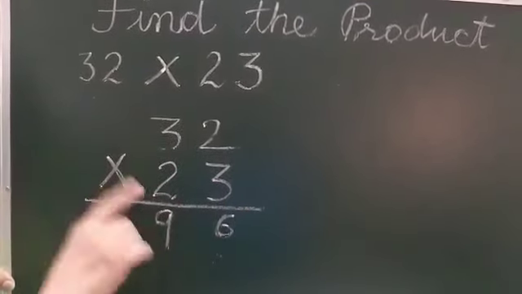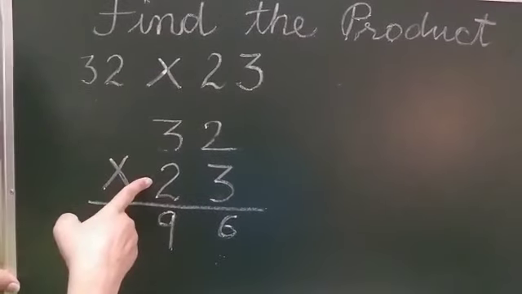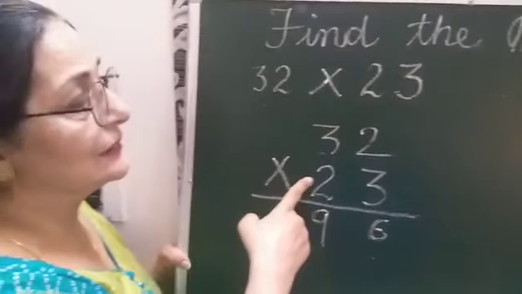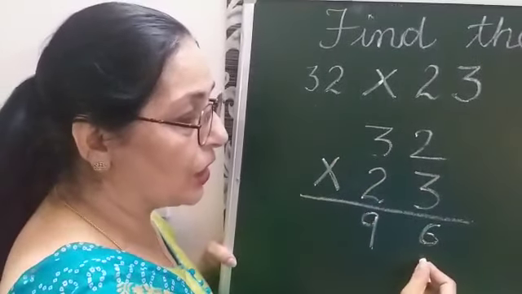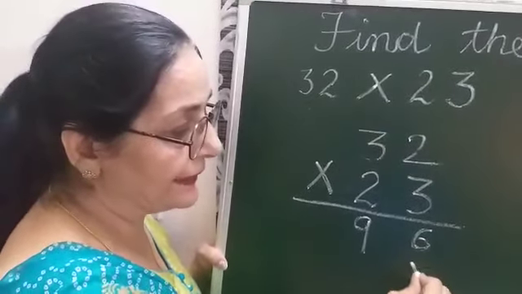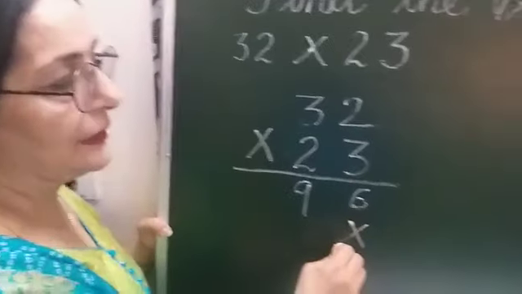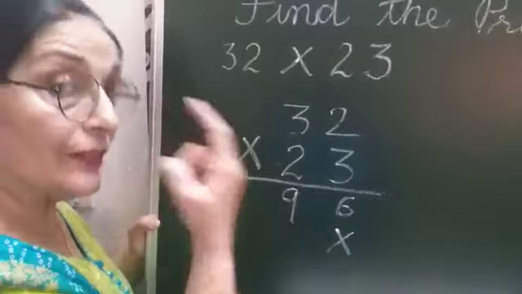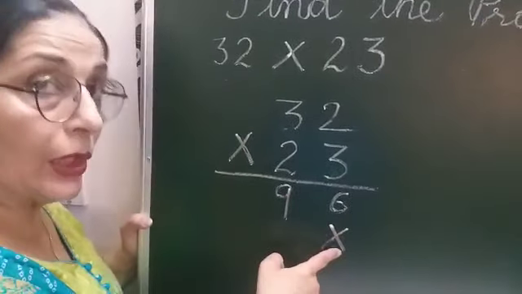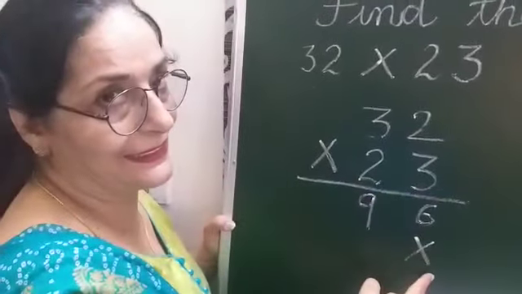Now in the second step, it is the turn of 2. Before starting this tens, this is on the tens place, we have to put a cross or a 0 at the second step. Let us put a cross because the digit which we are starting is on the tens place. So first of all, we have to put a 0 or a cross on the ones place.